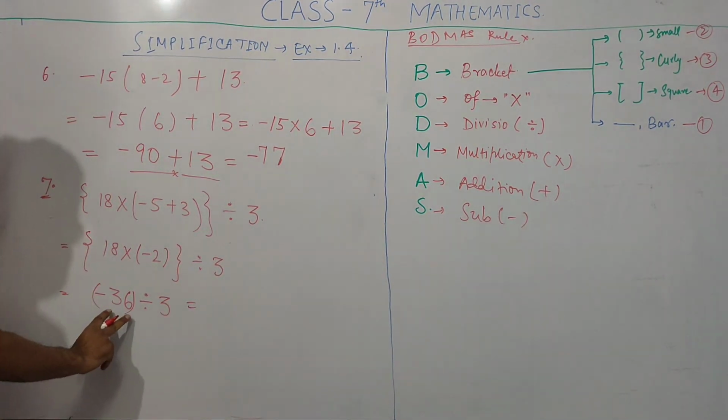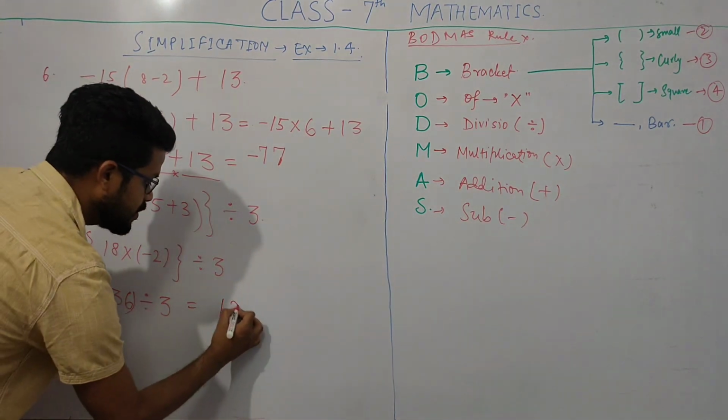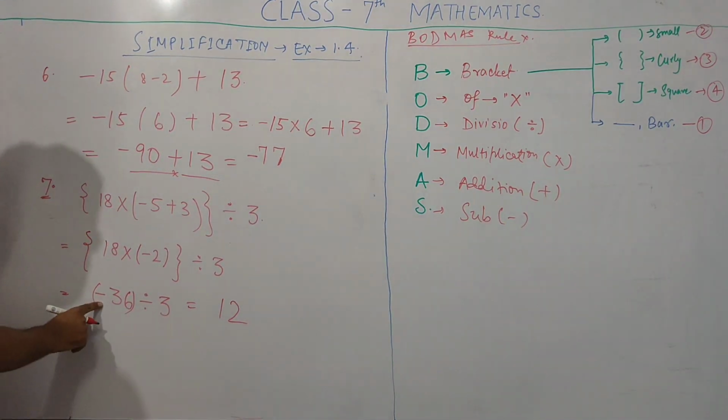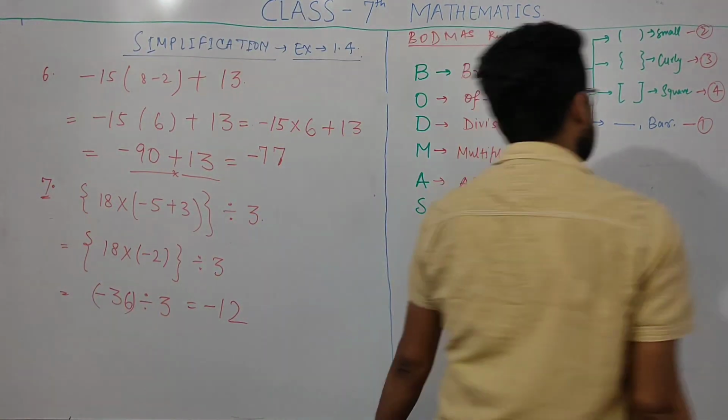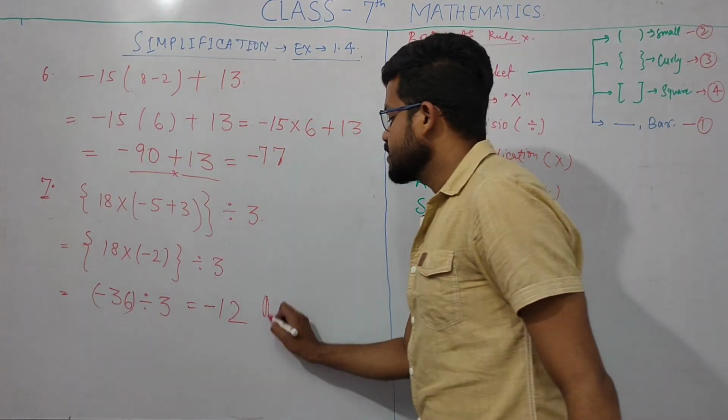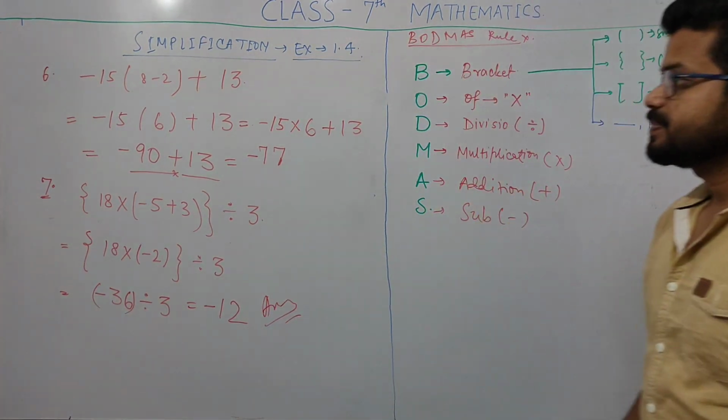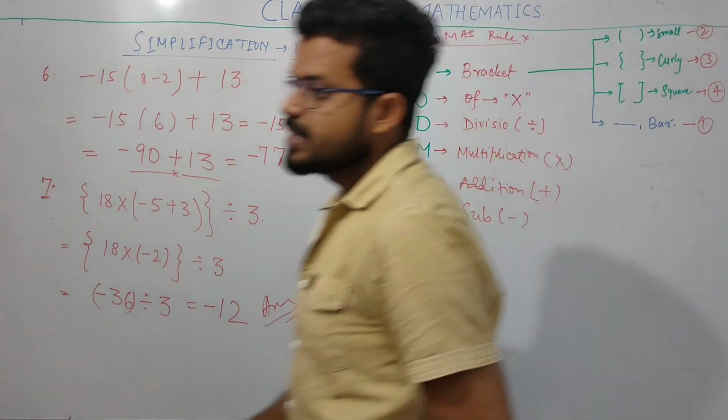So division: 36 divided by 3 is 12, 3 12s are 36, and what sign is here? Minus. So I put minus here. So minus 12 is your answer. Okay, this is question number 7.